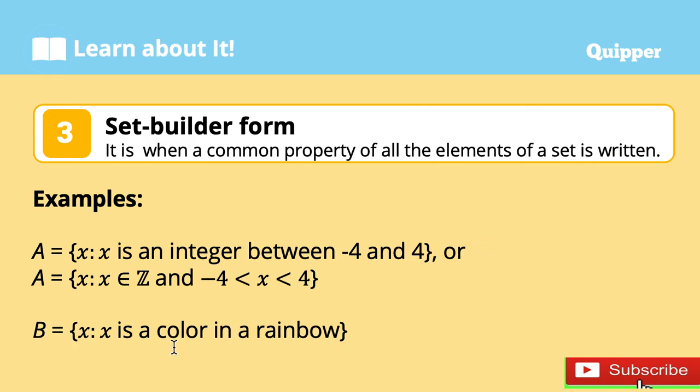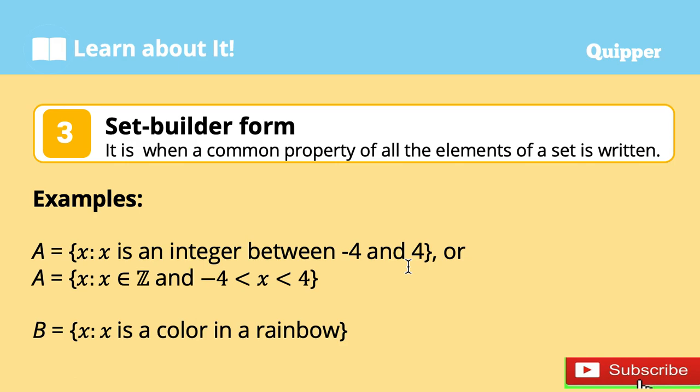Or we can write it in this way: the set of all x such that x is an element of an integer and x is greater than -4 but less than +4. So this way of representing a set is what we call the set builder form.